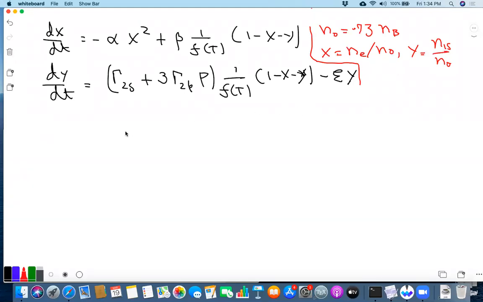And what you have described is how to calculate all of these quantities, how to calculate the coefficients.